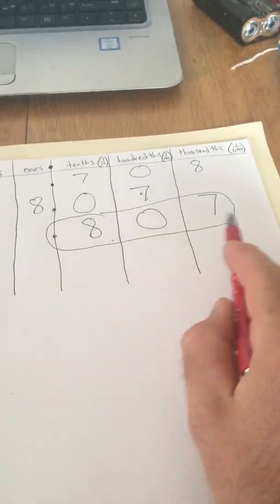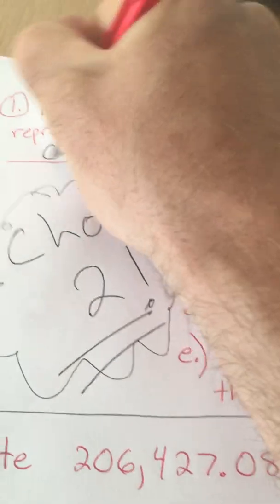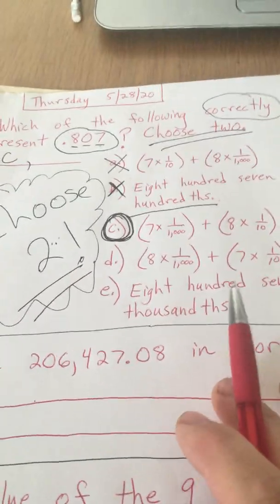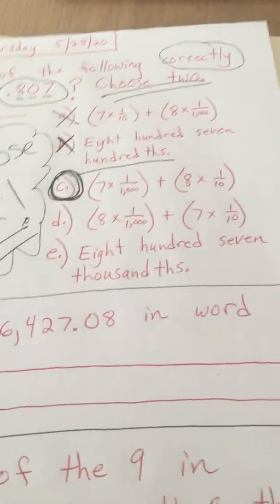We have 0.807 or 807 thousandths. So C is the first correct answer. I'm going to put C there. But now I'm reminded I need to choose another one, because that happens. You get excited. You're like, yeah, C, I got it. But then you didn't choose two. So we got to keep going.